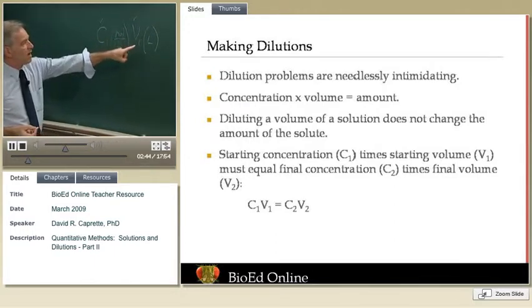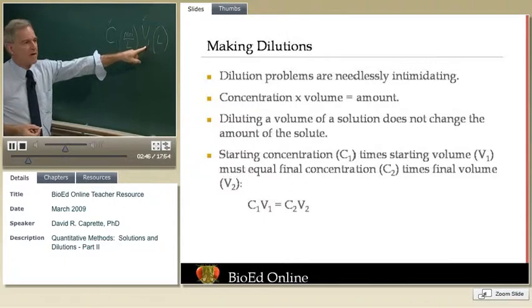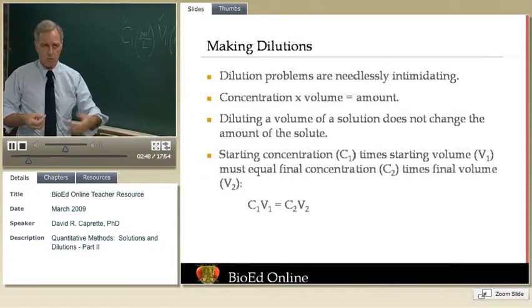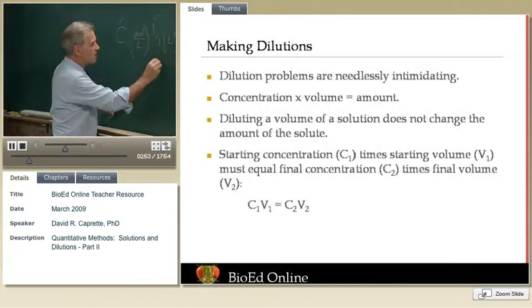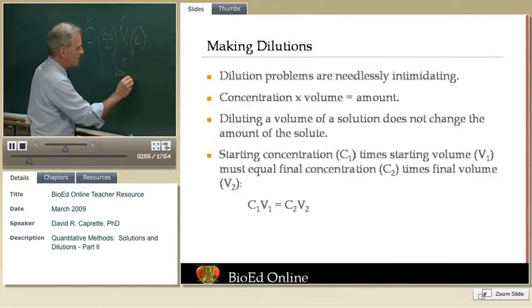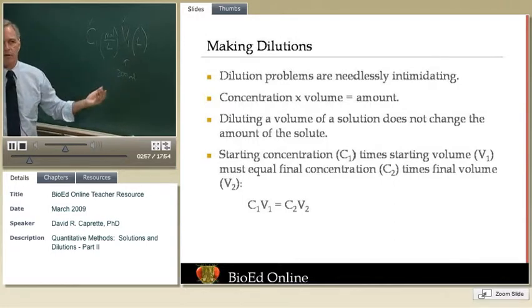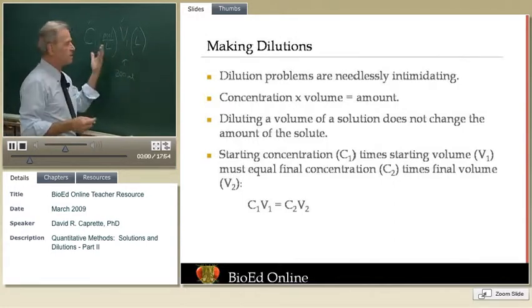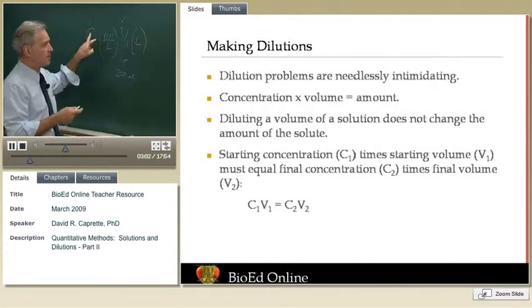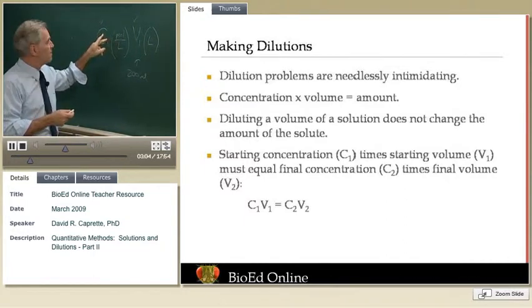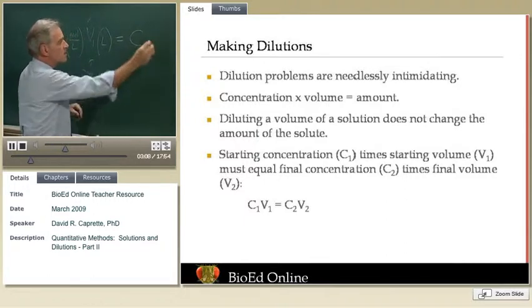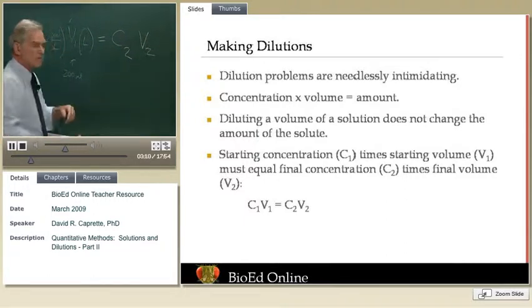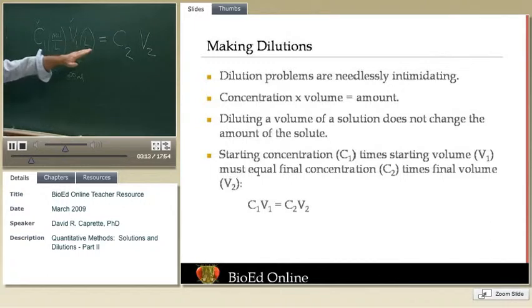Now let's take this volume, V1, and throw in a bunch of water. We'll say it's an aqueous solution. Let's say this volume is 200 milliliters, and we add a whole bunch of water to it. We know that it's going to dilute this concentration, so C2 is going to be different. Whatever C2 is, C2 times V2, the final volume, is the same because the amount of substance doesn't change.